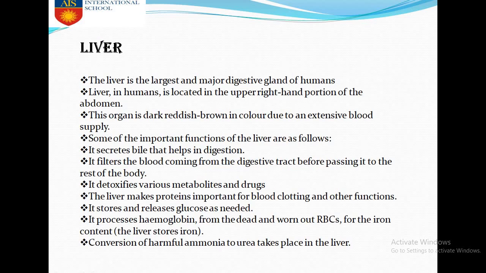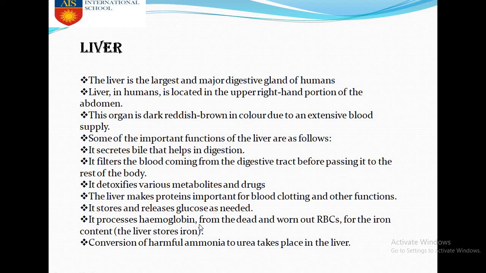Now, the liver is the largest gland, and the liver secretes bile, which helps in digestion. This bile contains alkaline substances which neutralize the acidity which has come from the stomach. The liver also helps in digestion of fat, and it filters the blood, detoxifies various metabolites and drugs, and makes proteins important for blood clotting and other functions.